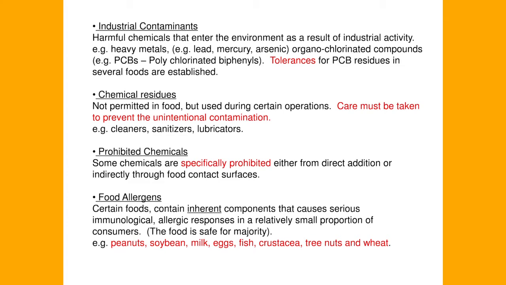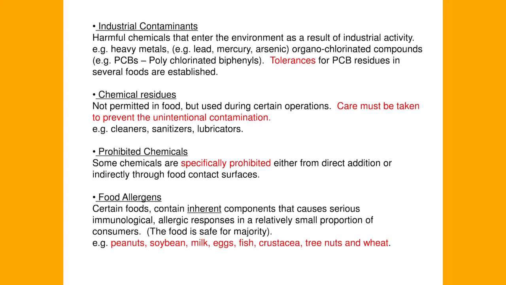And then we have industrial contaminants. You may have heard this: PCB, polychlorinated biphenyls, heavy metals, lead, mercury, arsenics, organochlorinated compounds. And some of these already spelled out in regulation. I mean, how much in terms of ppb or ppm of these heavy metals that should be there.